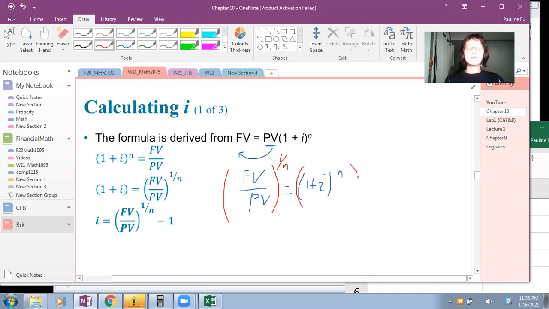This n and 1 over n cancel out, so you only have 1 plus I left on the right hand side. On the left hand side, you have (FV over PV) raised to power 1 over n. Now move this 1 to the left hand side, and on the right hand side you have I. So this is your formula.